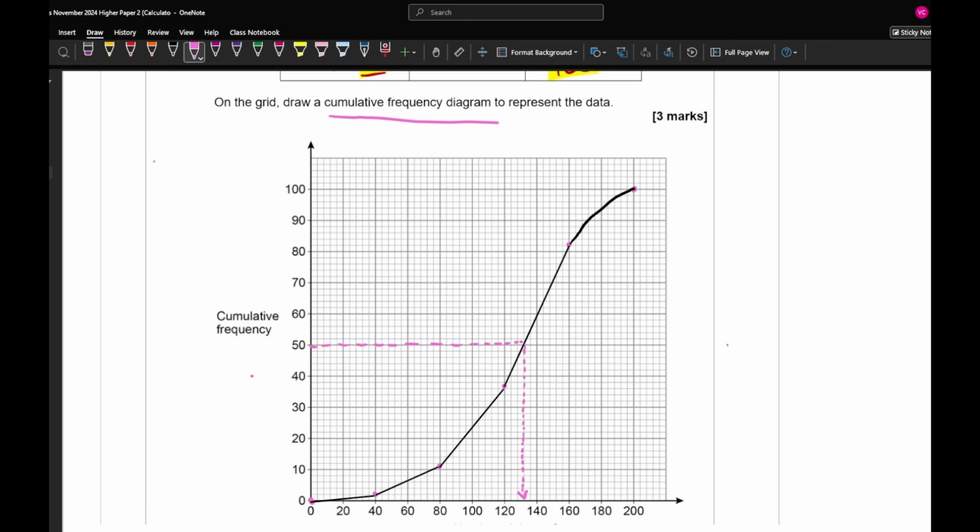So in terms of type P, the median is approximately 132.